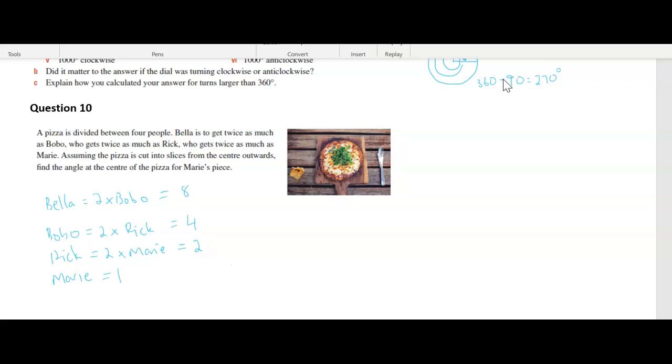In total, that is 15, so there are 15 slices altogether. Now, the question asks for the angle. For a full circle, we have 360 degrees, and that's divided into 15 parts. So the angle for Marie's piece is 24 degrees.